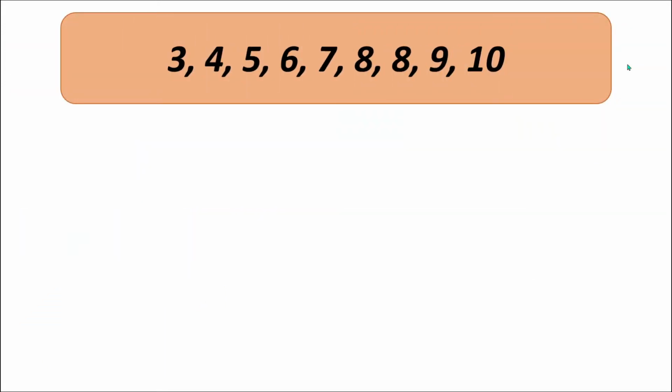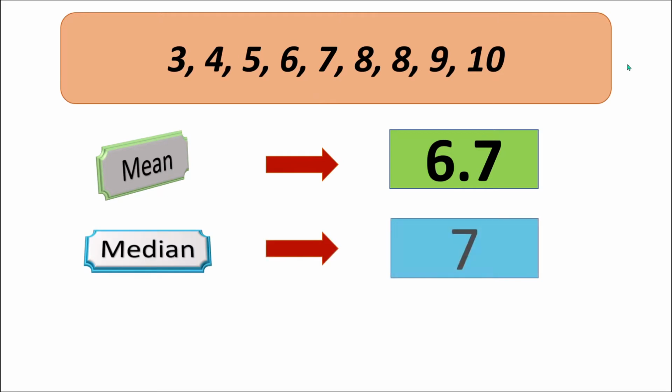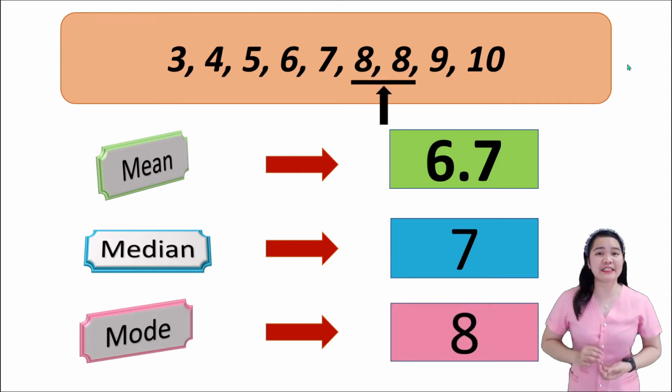From the data that we gathered, the mean is 6.7 and it can be located at this position. The median is 7 and the mode is 8. I will give you 10 seconds to analyze how the mean, median, and mode were obtained.